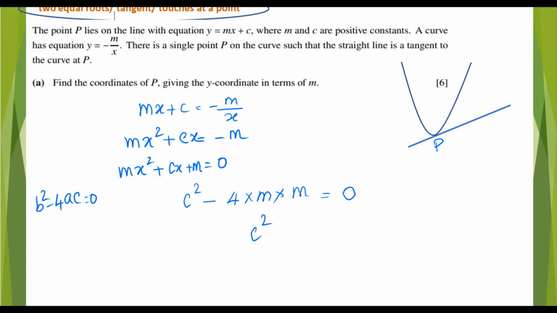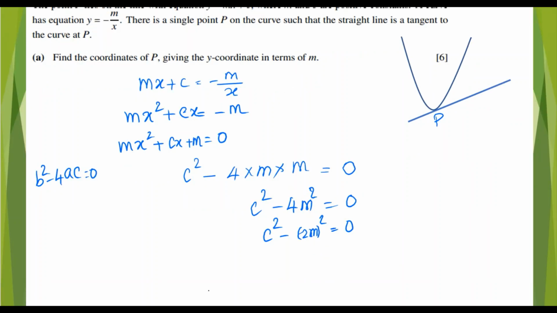So you will get c squared minus 4m squared equal to 0. 4m squared can be written as c squared minus (2m) squared equal to 0. So you will get two roots. So c is equal to plus or minus 2m.